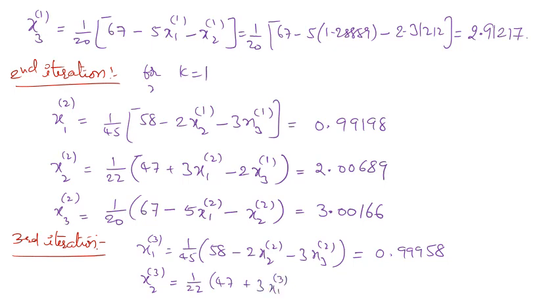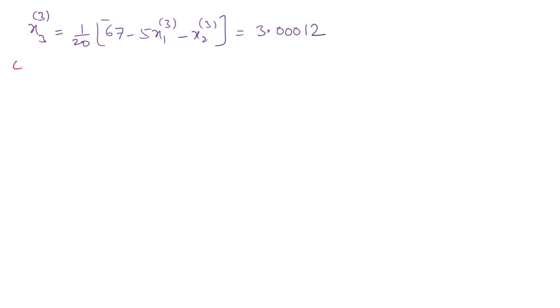Now I know this value at third iteration, but x3 is known only at second iteration, so this value is 1.99979. And x3 at third iteration is 1 by 20 of 67 minus 5x1, which I know at third iteration, minus x2, which I know at third iteration. So the third stage solution result is 3.000012. Next one, fourth iteration.